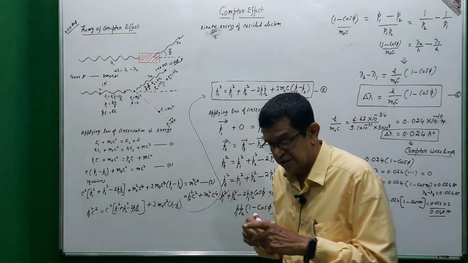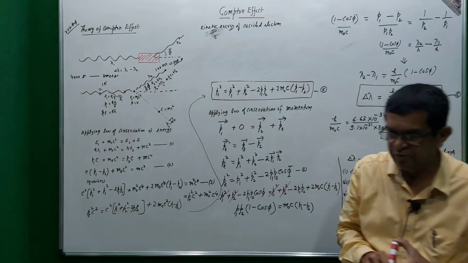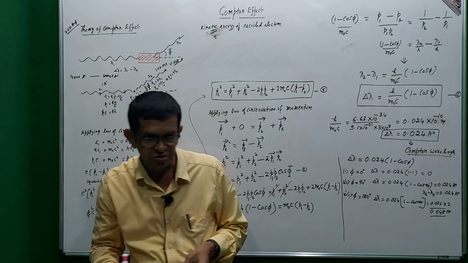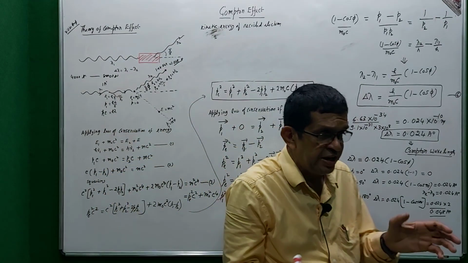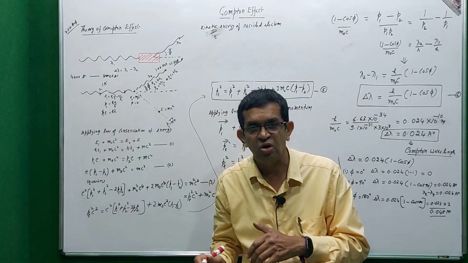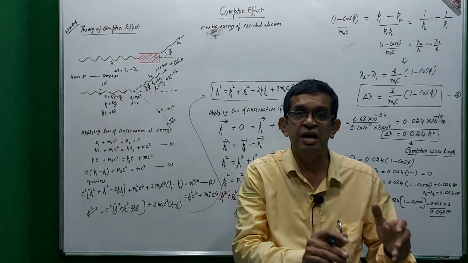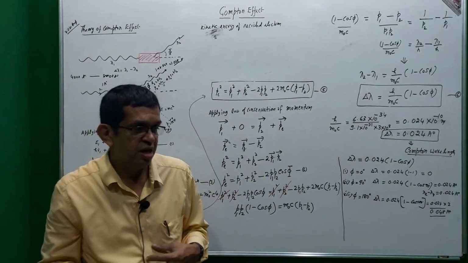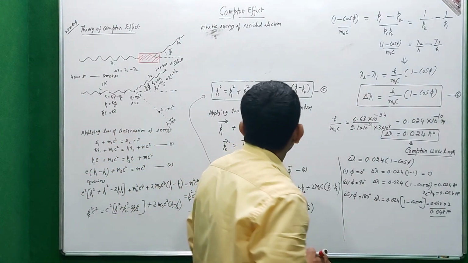We said that the collision happens between a photon and the electron, and the electron takes energy and moves. Therefore the difference between the incident energy of the photon and the scattered photon will be taken by the electron, and that manifests as the kinetic energy of the recoil electron.